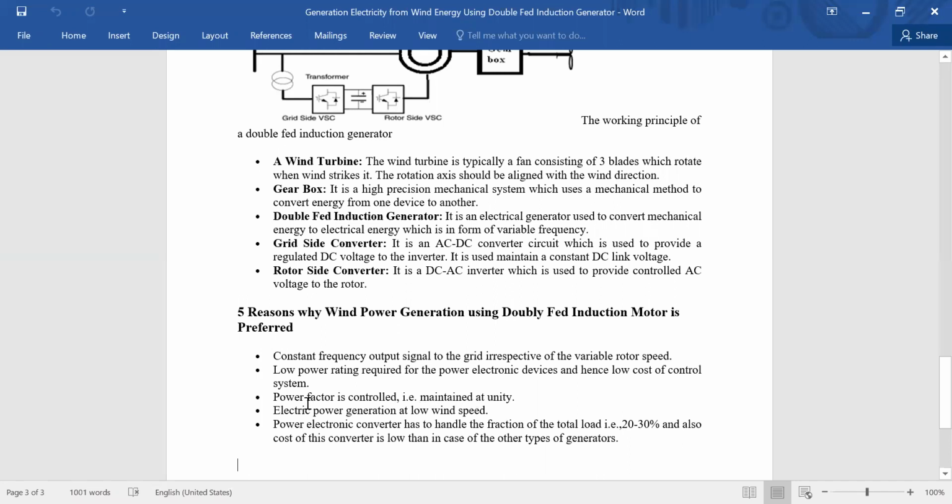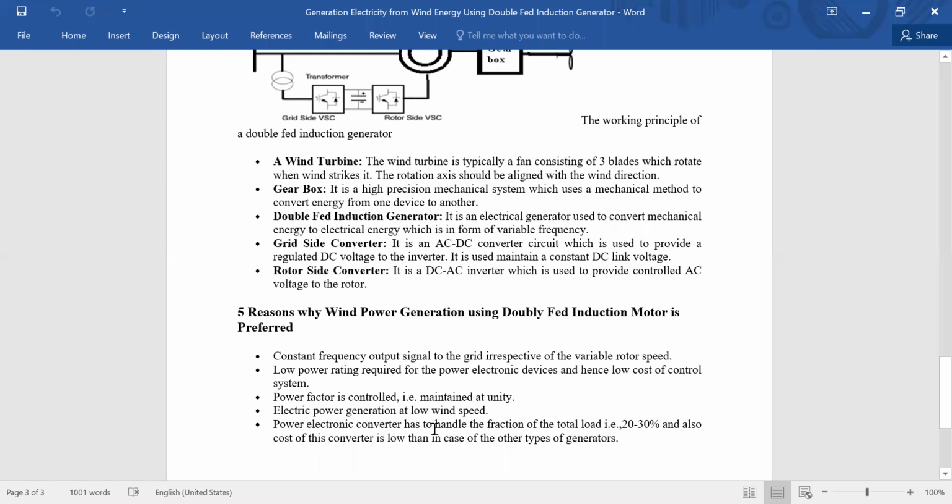Fourth is electric power generation at low wind speed.